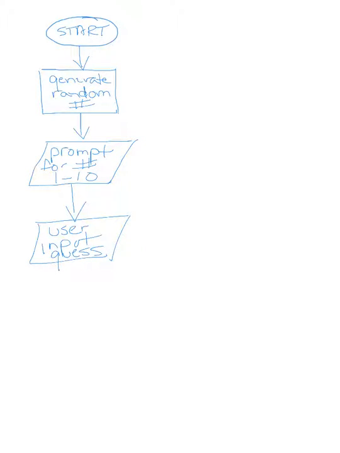After the user has entered their guess, we then have to go down and get into our decision making. So the random number is generated, there's a prompt, and the user has input their guess. Once that guess is in, the computer has to determine whether the random number is equal to the guess.